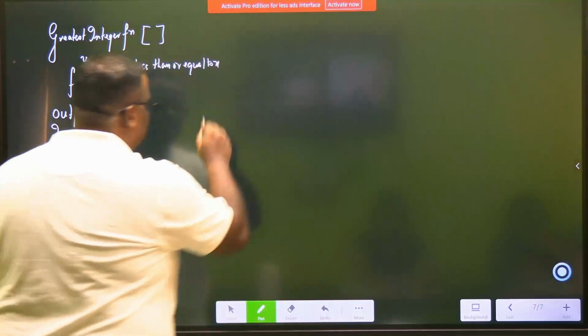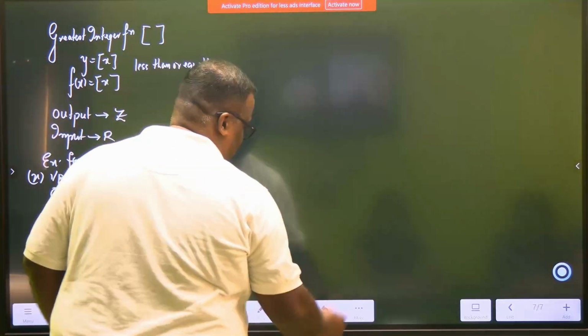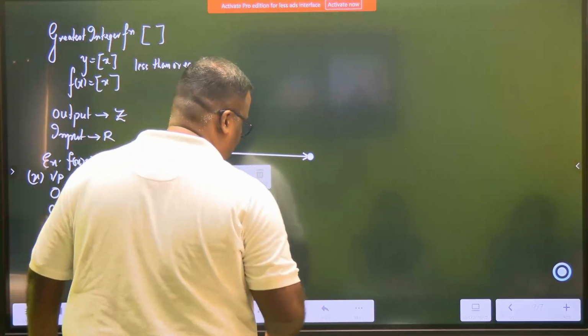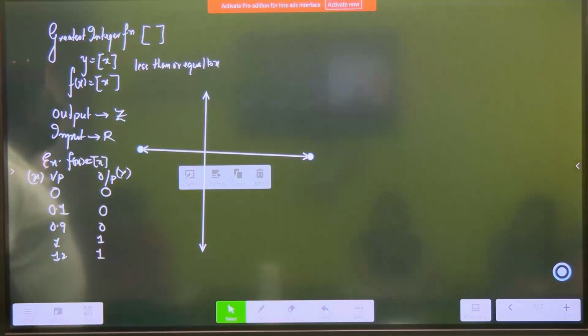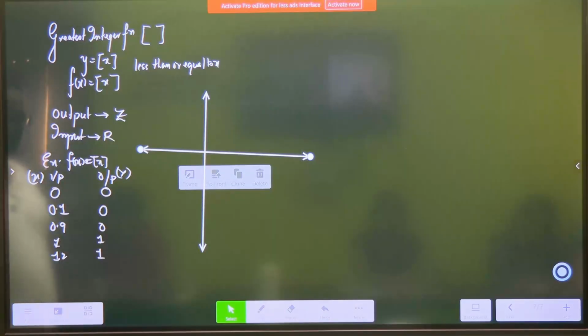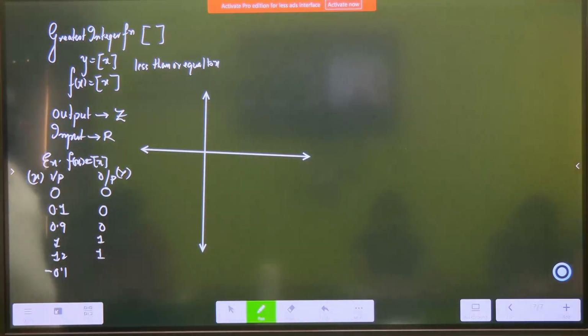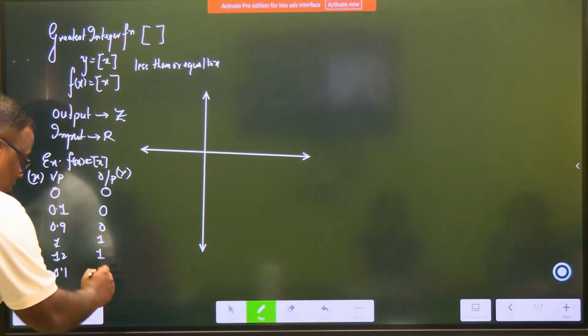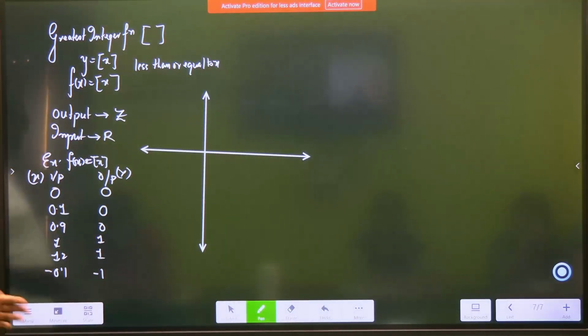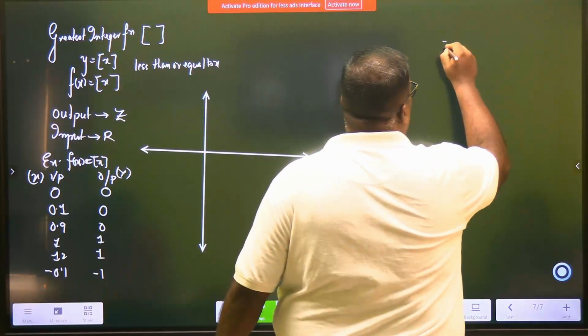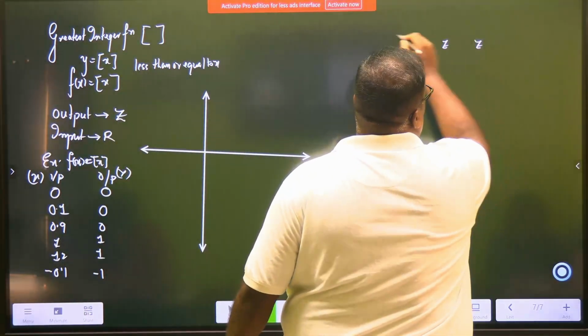Nobody gives you a question, but let's see the plot. It becomes interesting on the negative side. If you take the value negative 0.1, then it should plot -1, the lesser integer. See, this is one integer and this is one integer.